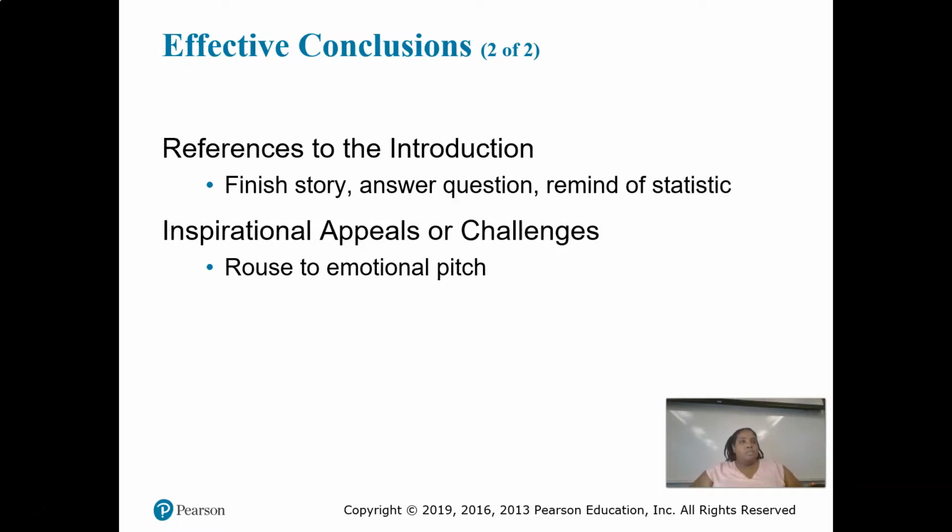You can also use the conclusion to make appeals to emotion. So say I want to talk about animal adoption, I can say something to the effect of, ask yourself, if you can save the life of an animal, would you? If the answer is yes, then what's stopping you now?